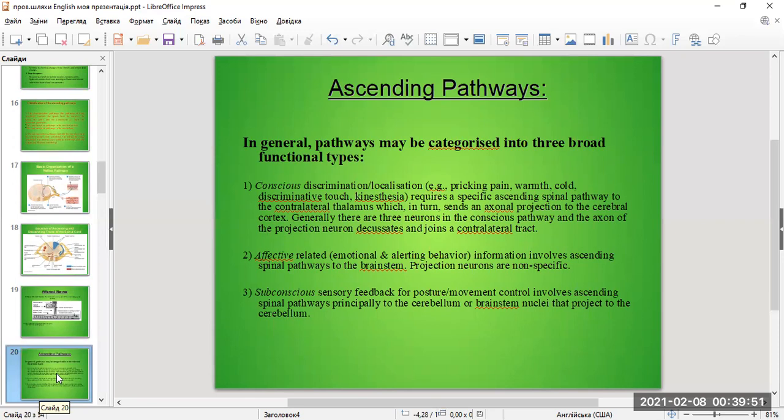Requires a specific ascending spinal pathway to the contralateral thalamus, which in turn sends an external projection to the cerebral cortex. Generally, there are three neurons in the conscious pathway, and the axon of the projection neuron decussates and joins a contralateral tract.